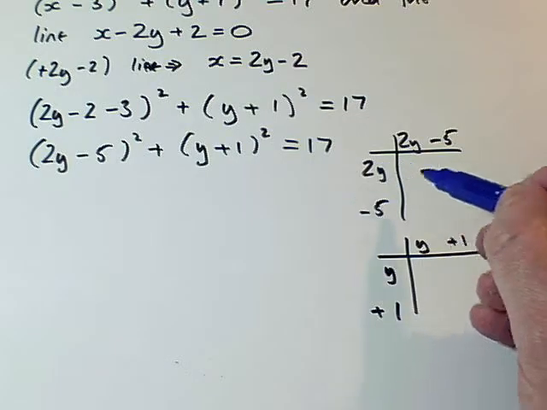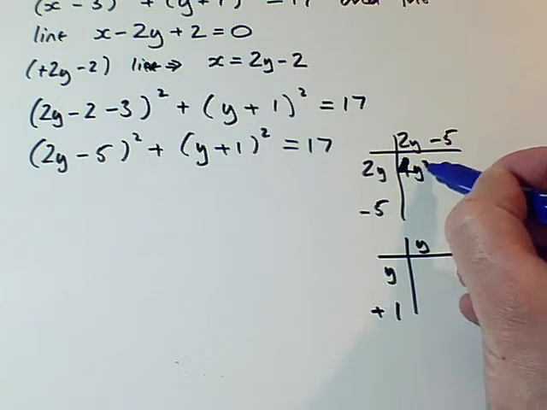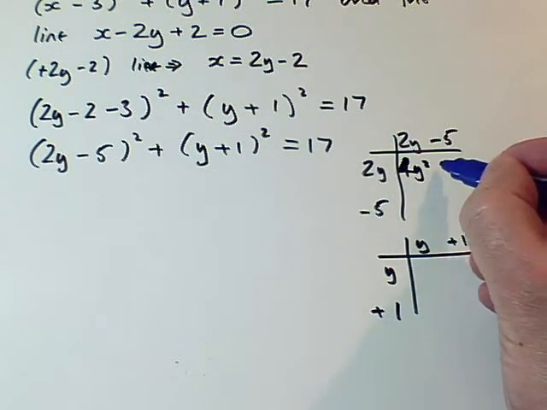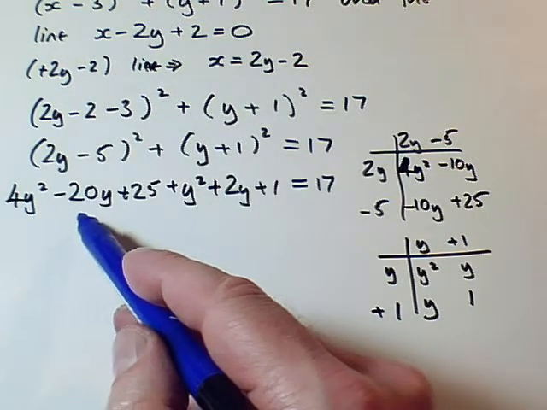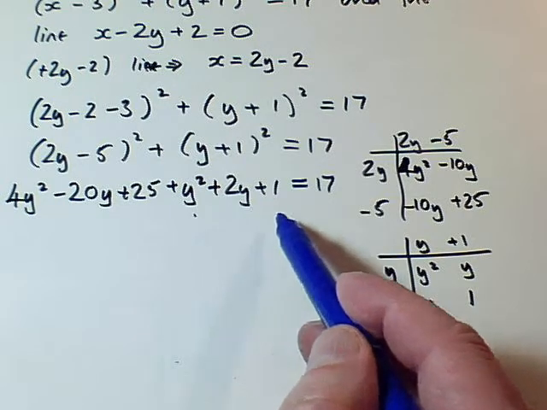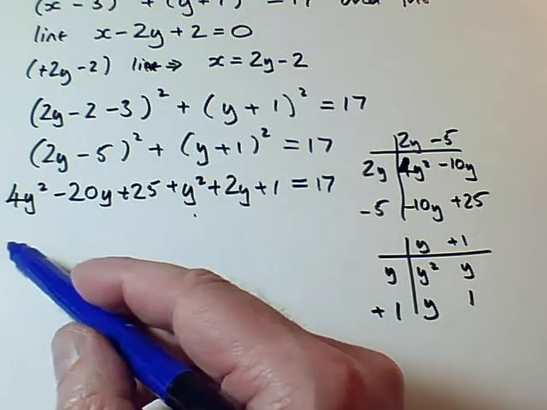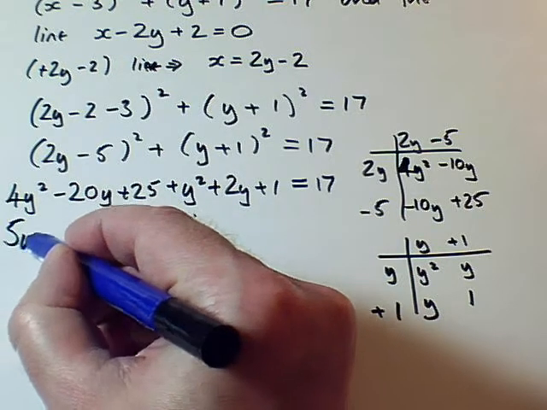Okay, so use grids to square this out. So 2y times itself is 4y squared. 2y times minus 5 is minus 10y, and so on. I get 4y squared minus 20y plus 25 for the first bracket, and y squared plus 2y plus 1 for the second one. So now all I've got to do is collect my terms. So altogether I've got 5y squared.